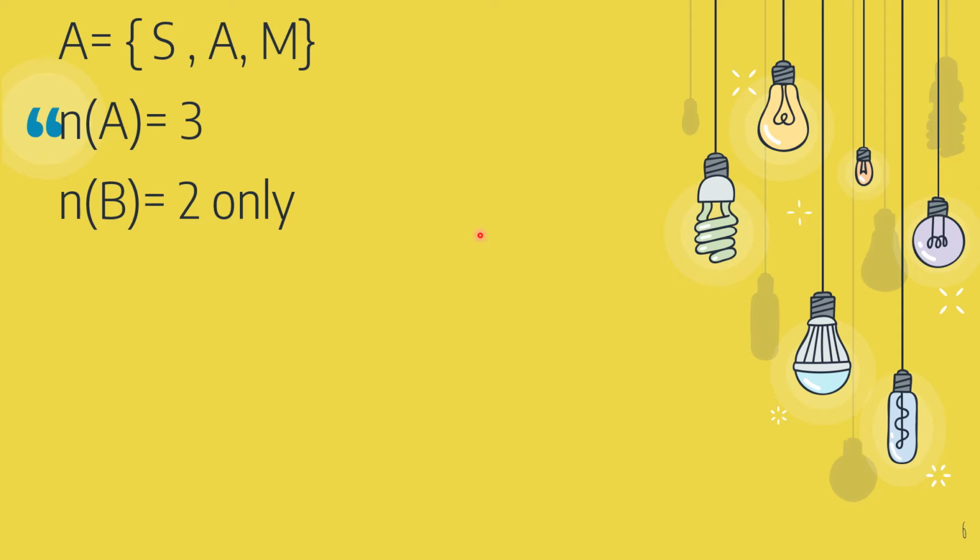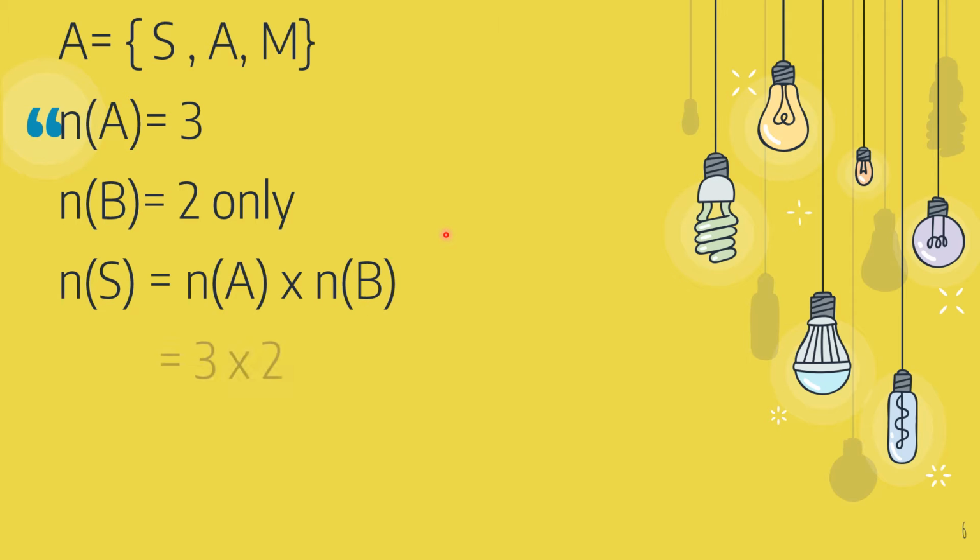So remember the words without replacement. The number of possible outcomes is n(A) multiplied by n(B), which is 3 times 2, equal to 6.